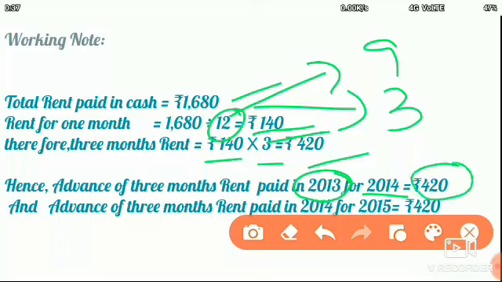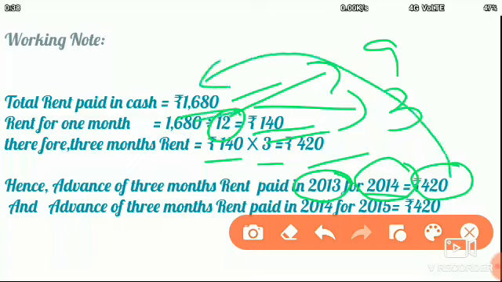So 420 is for the current year 2014, which was paid in 2013. So this amount will not be there in this 1680. So we have to add this, because this belongs to the current year and it is not there in this amount of 1680.